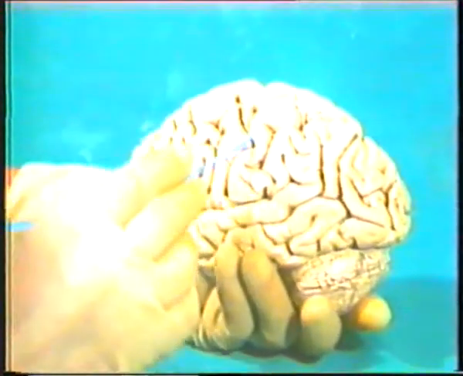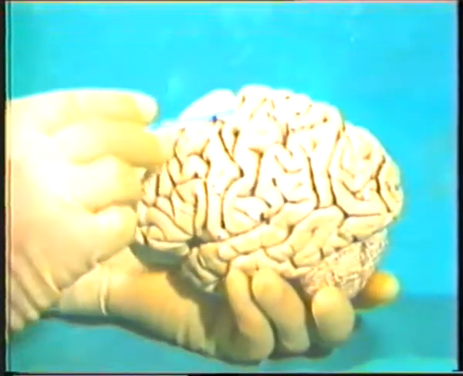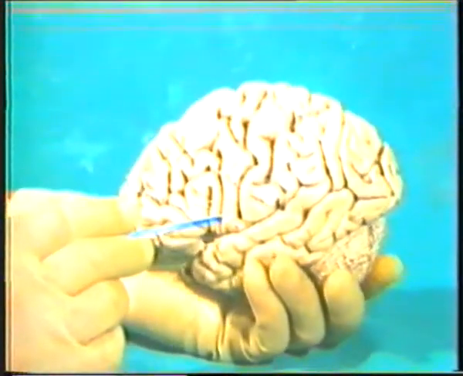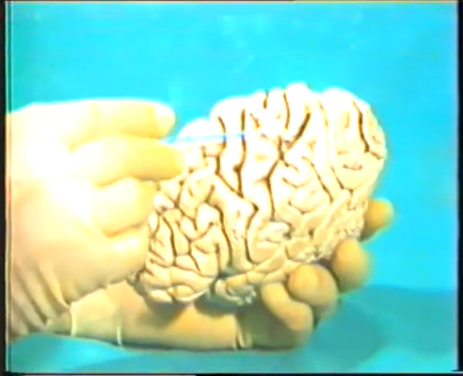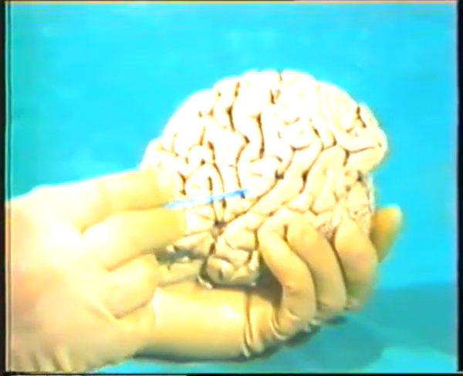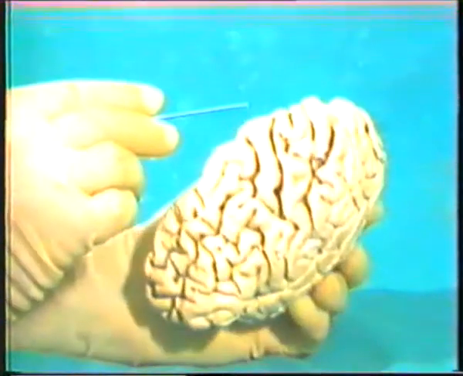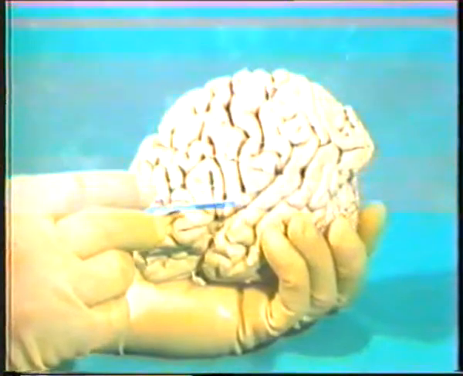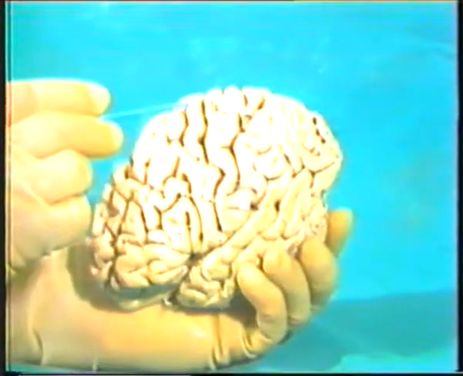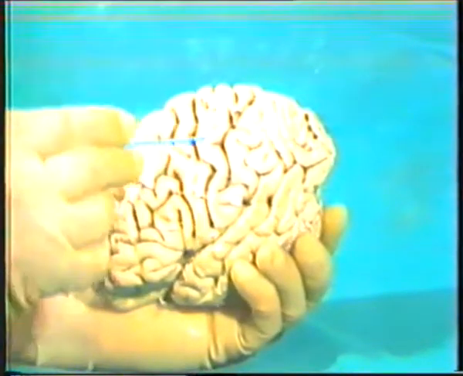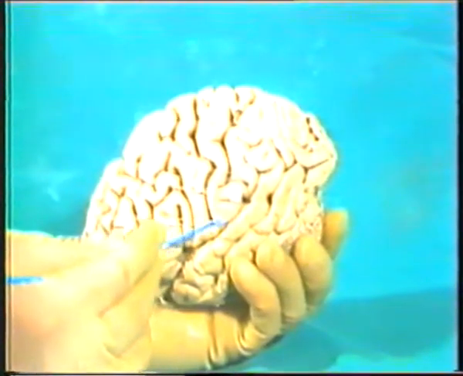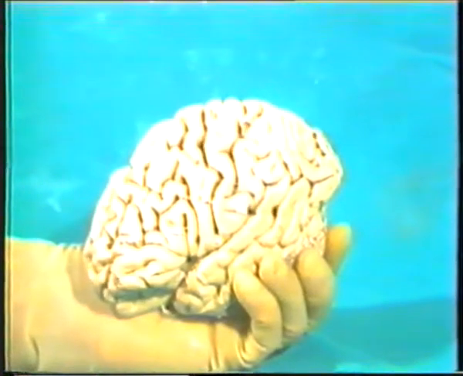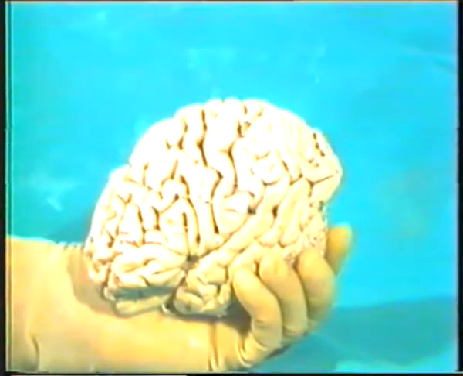This is the pre-central gyrus, and this is the post-central gyrus. The pre-central gyrus occupies the motor area from which most of the pyramidal fibers arise, while the post-central gyrus occupies the sensory area which receives the somatic sensations like proprioception, pain, touch, and temperature from the opposite side of the body.